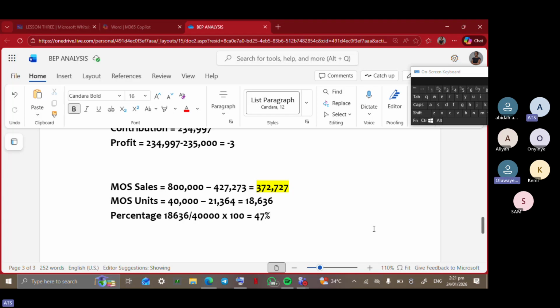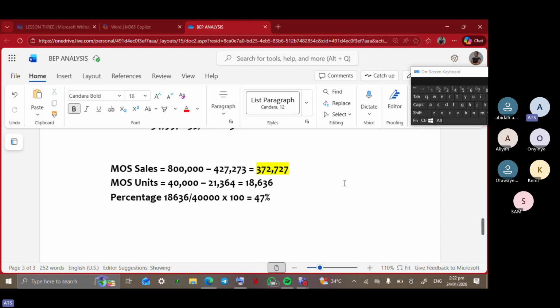The budgeted will be 800, so it's 372,727 divided by 800. That gives 0.465, so 46.5%. Yes, you still get the same thing, approximately 47.